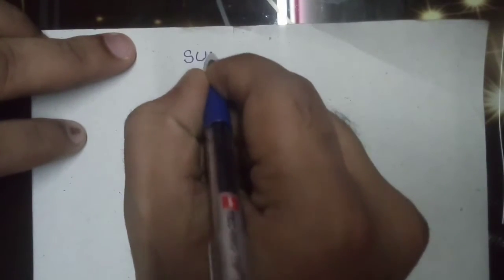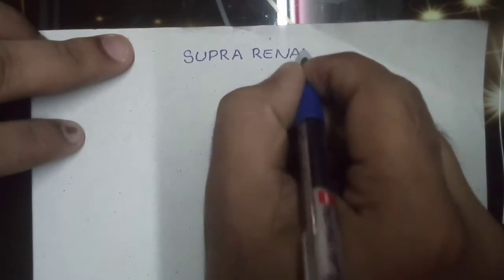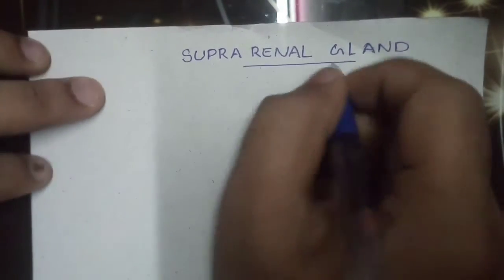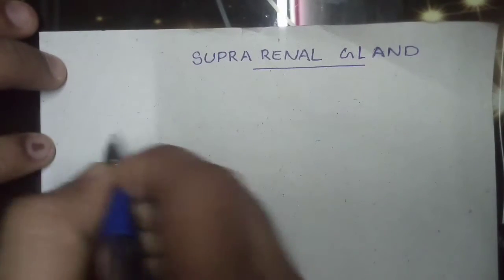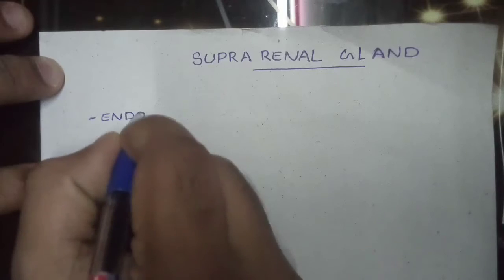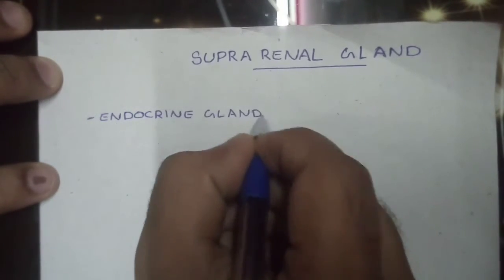I am here with a video on the topic suprarenal gland. The suprarenal glands are a pair of important endocrine glands situated on the posterior abdominal wall over the upper pole of the kidney, beyond the peritoneum.